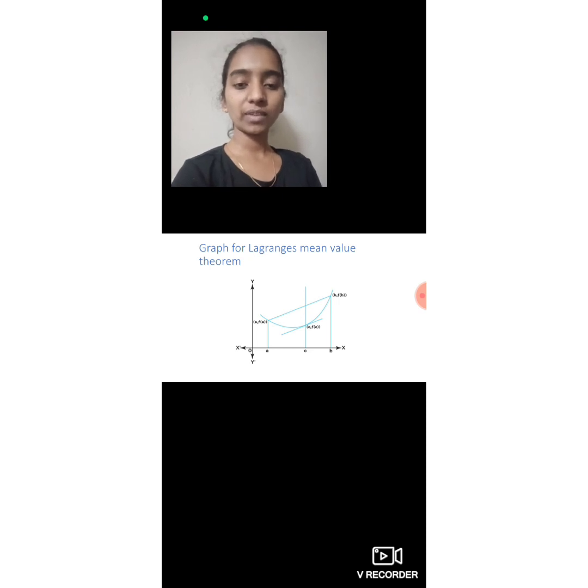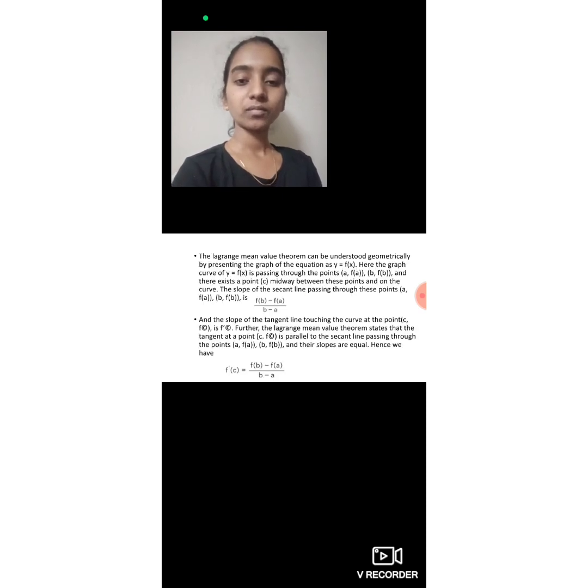Graph for Lagrange's mean value theorem. The theorem can be understood geometrically by presenting the graph of the equation y = f(x). Here the curve y = f(x) is passing through the points (a, f(a)) and (b, f(b)), and there exists a point c midway between these points on the curve.